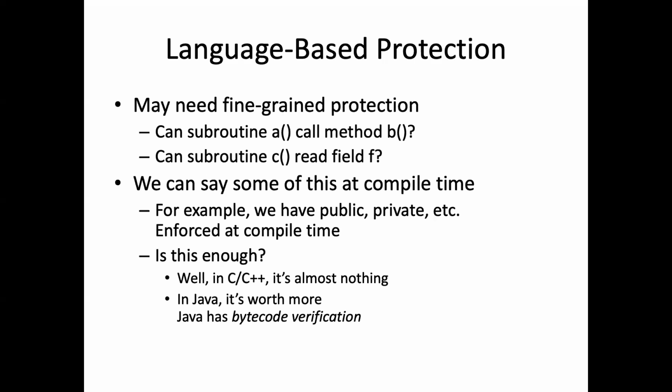Sorry, I'm trying to think of all the ones in Java. Those are language-based mechanisms that decide who can call that particular method, and to an extent what can happen within that method.